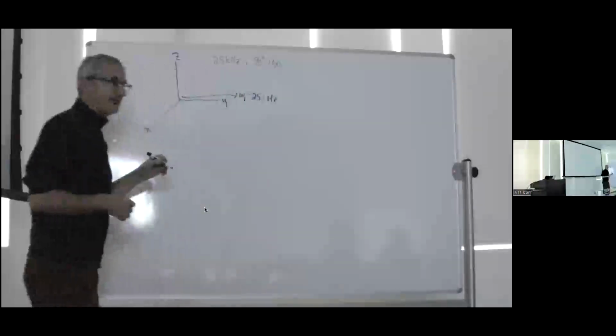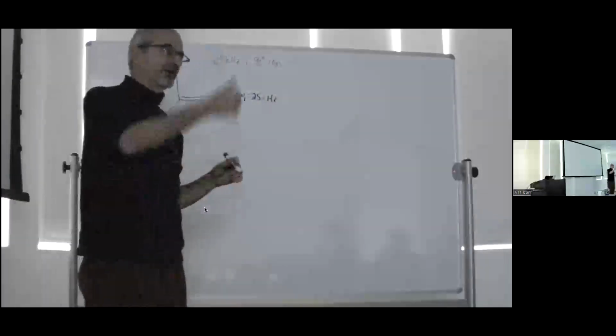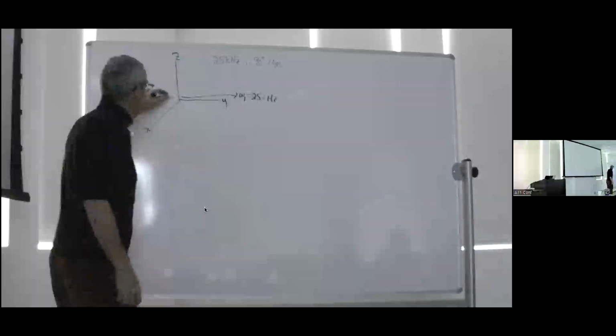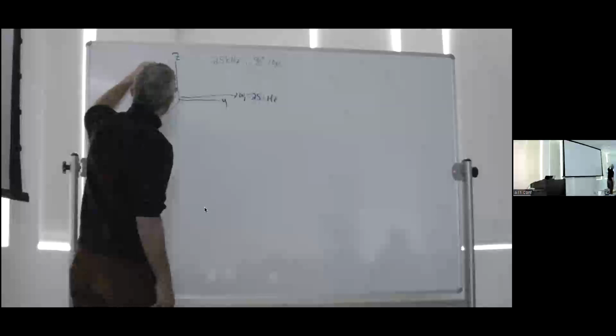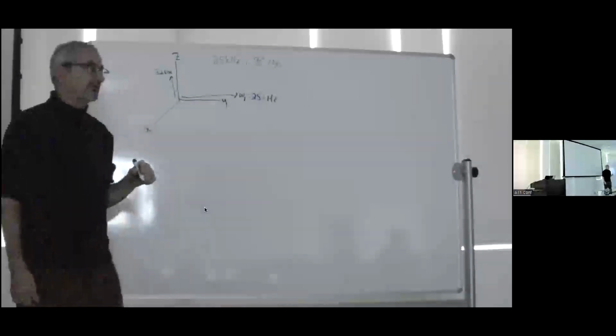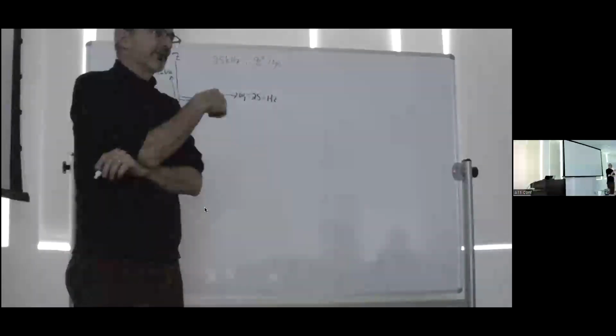But we have an offset of 3.2 kilohertz, and that looks like a field along Z, the reduced static field, 3.2 kilohertz. And what the Z magnetization is going to see is the vector sum of the two.